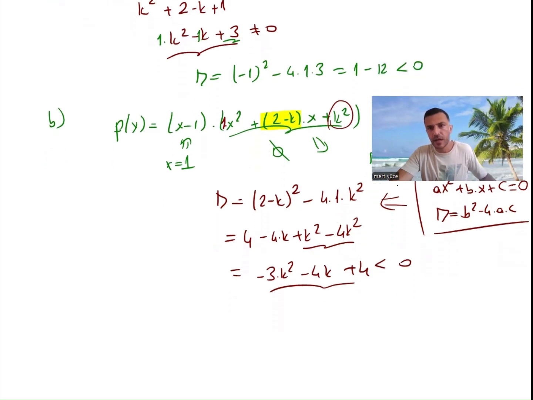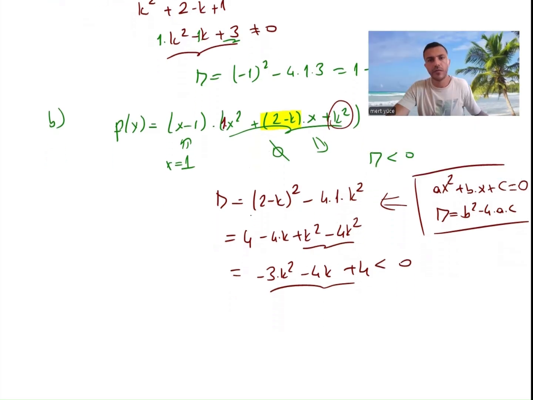So how we're gonna check for the possible k values from here? We need sign table. What's sign table? Yeah. So when we check the roots of this expression, I mean the zeros of this expression, by the way, you can multiply by minus 1 this expression. I usually make like that, which is 3 times k squared plus 4 times k minus 4.